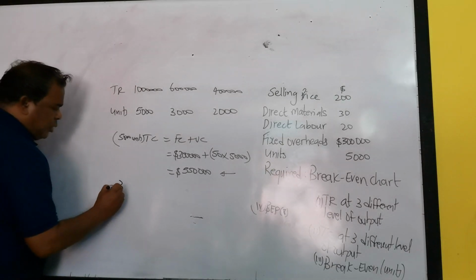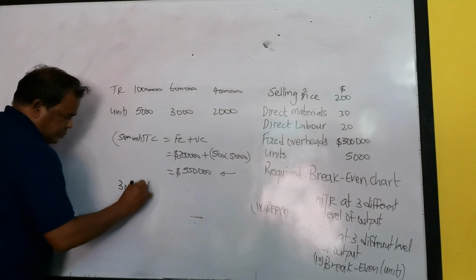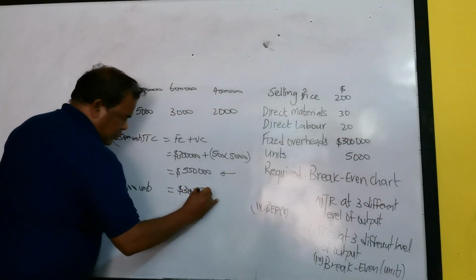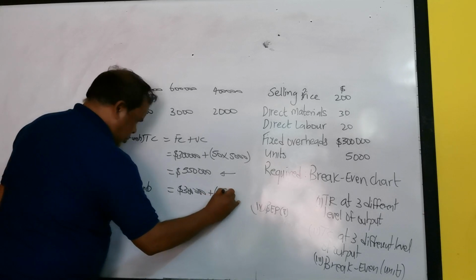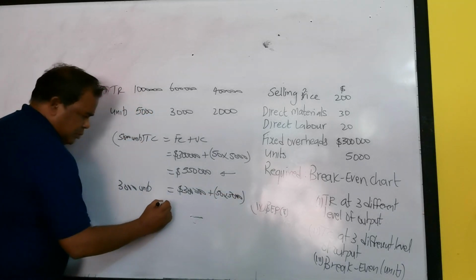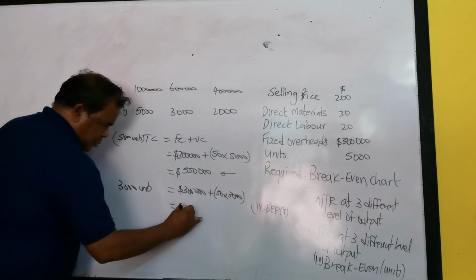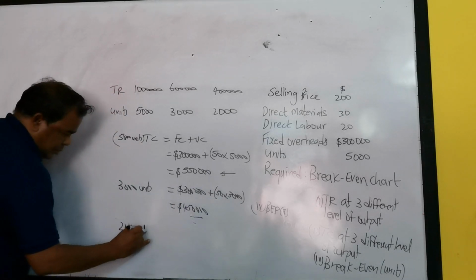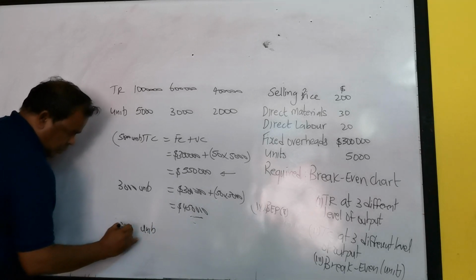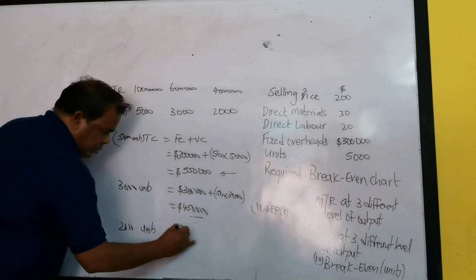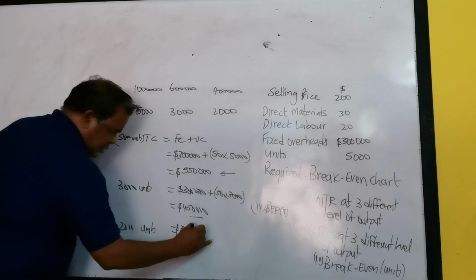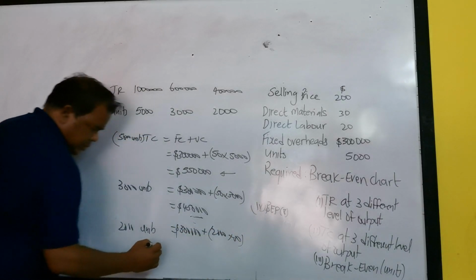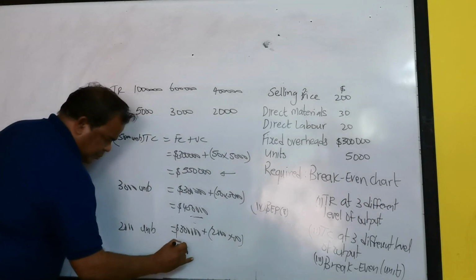Then total cost for 3,000 units: 300,000 plus 50 times 3,000 gives us 450,000. And then for 2,000 units, it will be 300,000 plus 2,000 times 50, so this one is 400,000.